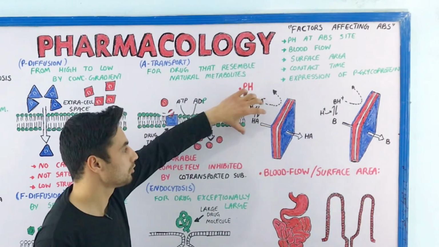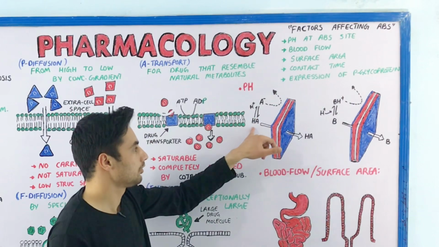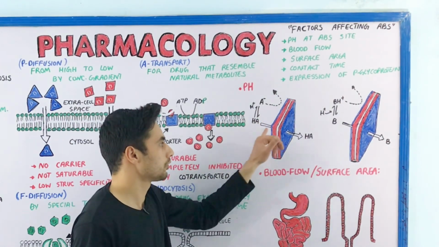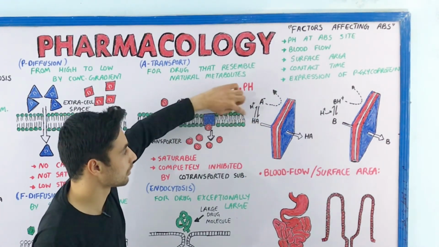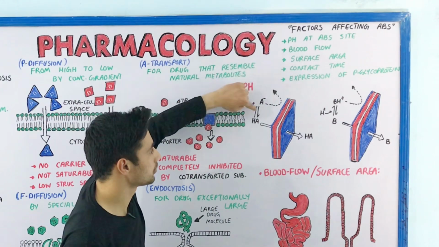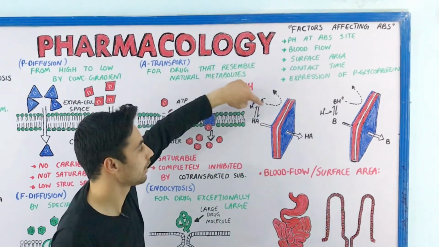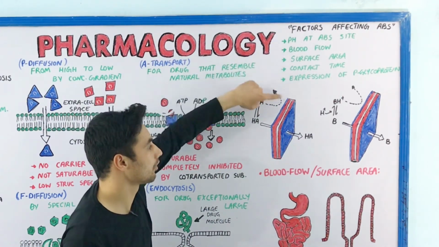Have a look. There are two types of drug: the acidic drug and the basic drug. The acidic drug will be transported in the form of protonated form or the neutral form. When this acidic drug releases the hydrogen ion, it is charged in the form of anion. Now this anion is repelled by the lipid bilayer membrane. It cannot cross it.